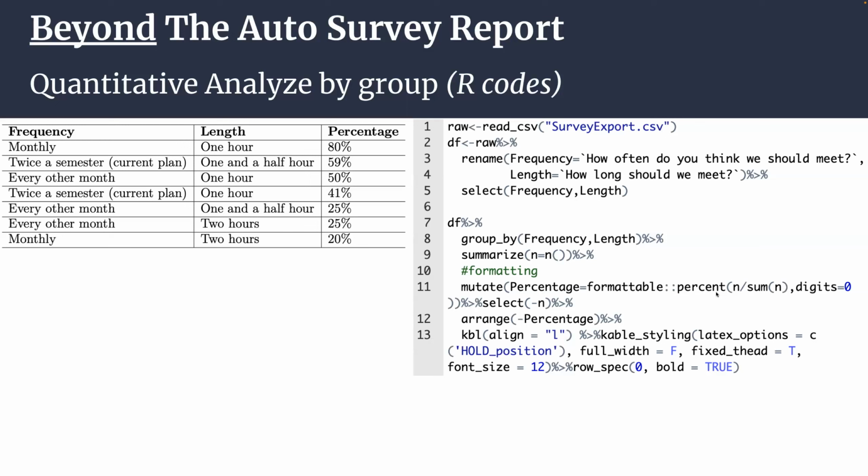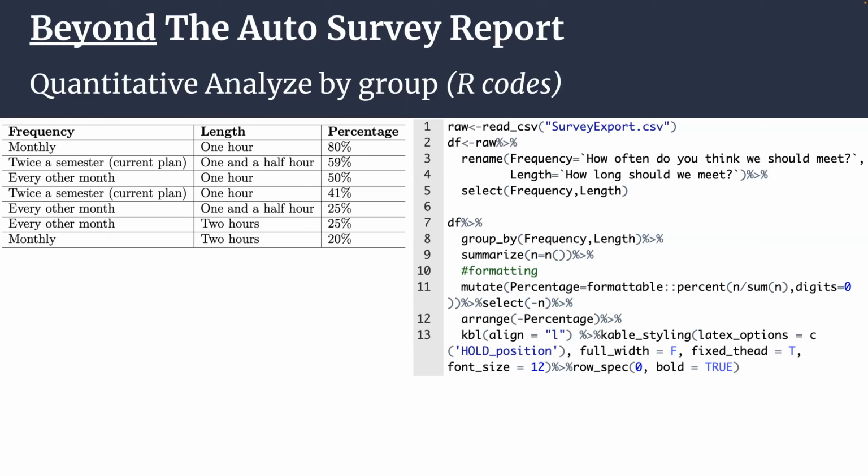The percentages are shown in percentage format, calculated by using the count from the summarizing line divided by the sum of all the counts. And then we want the percentage to show no decimal points, so we ignore the decimals in this case. And then we remove this count because we just care about this percentage as our result.